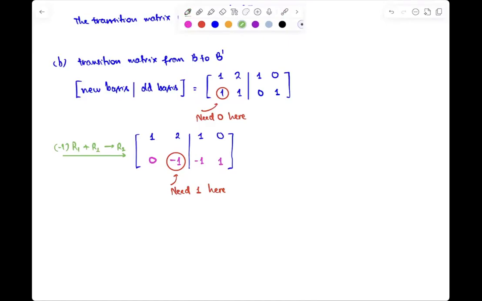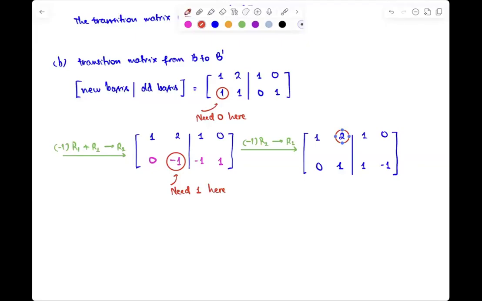Okay, so multiply the second row by -1. It's -1 times row 2 to get the new row 2. Right, so you're not going to have any change for the first row. And this is 0, 1, 1, -1. Okay. So that one is a leading one. Therefore, the entry above that has to be a 0.